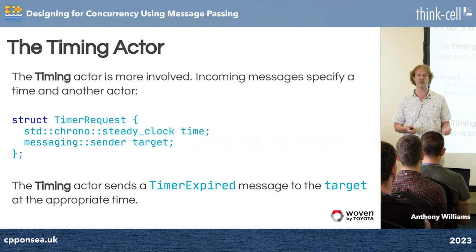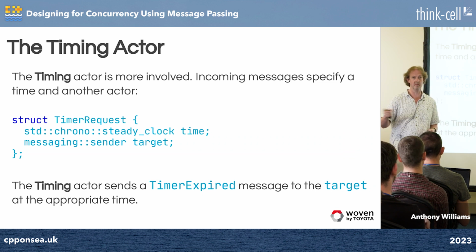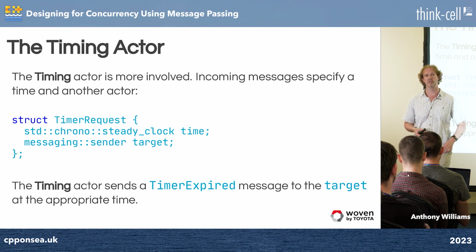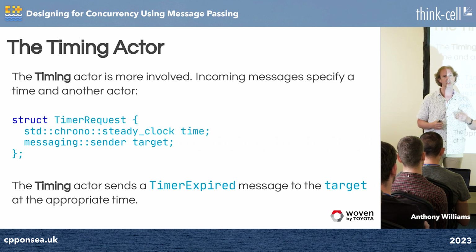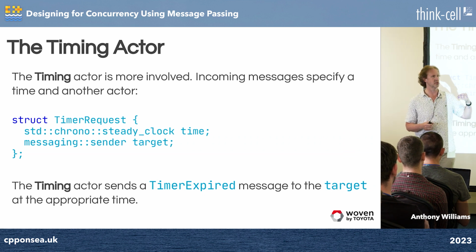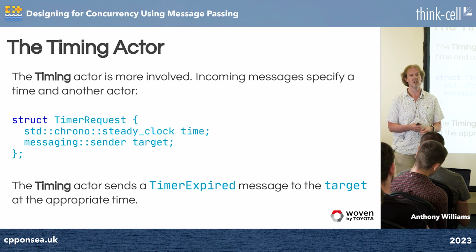And then when the appropriate time elapses, based on some OS level timing mechanism, it will send another message back to the originator saying, your time has expired. In the simplest form, which is what we're going for here, you just specify the time and specify the target, and that's all that's recorded.